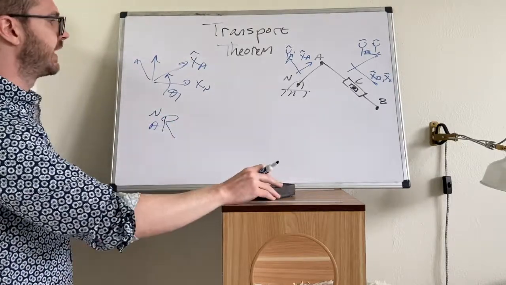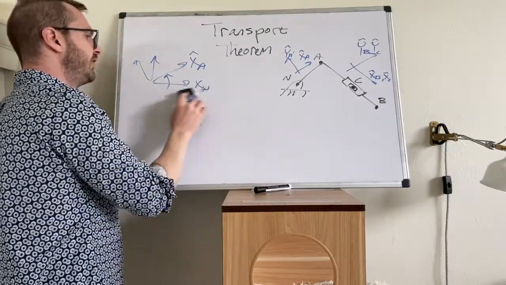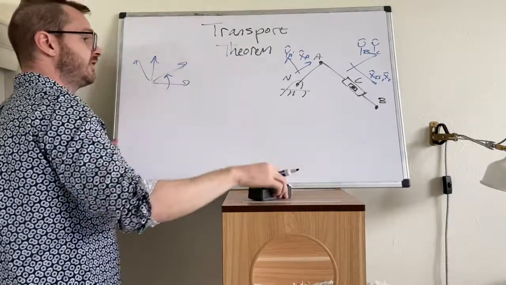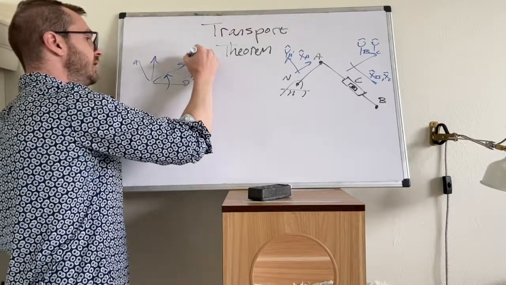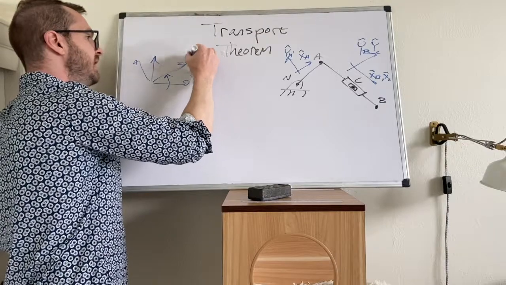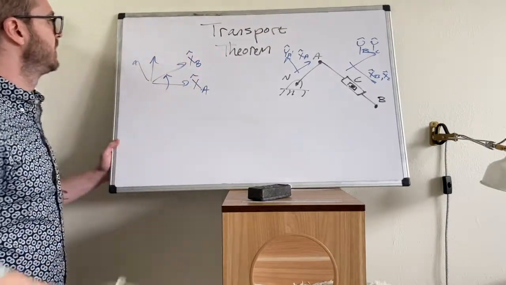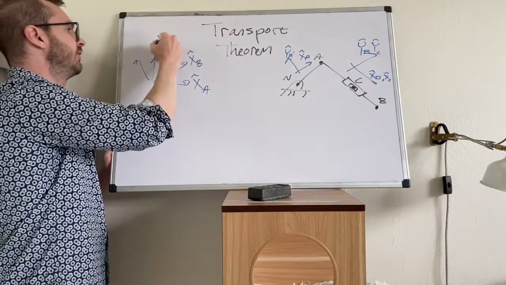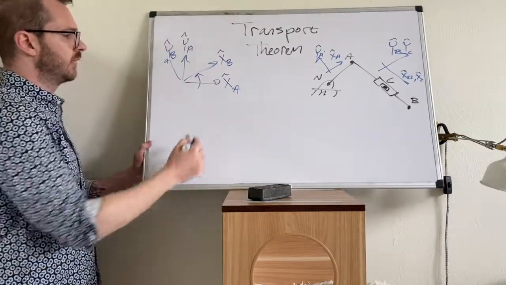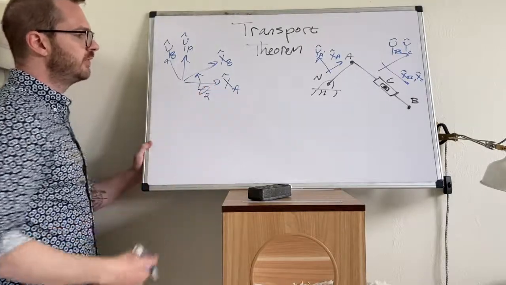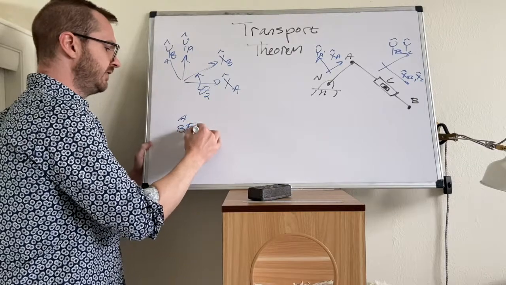But for the B frame, let's define the B frame as rotating through some angle with respect to the A frame. So XA and then XB, and then here's the Ys, so YA and YB. They're there as well. Angle theta 2, we're going to define the rotation now from A to B.